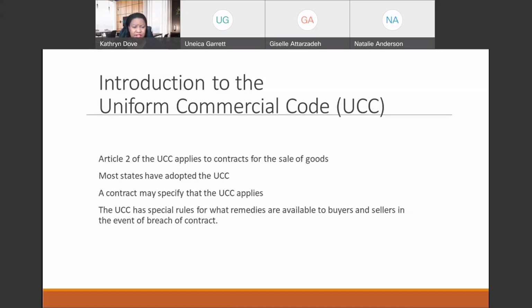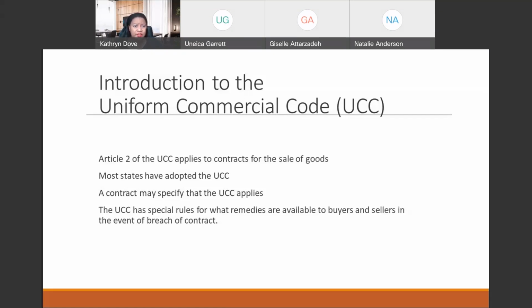So there's a relaxation on certain rules under the Uniform Commercial Code to encourage the free flow of commerce. So most states have adopted the Uniform Commercial Code and put it into their statutes. So the Uniform Commercial Code is primary law.